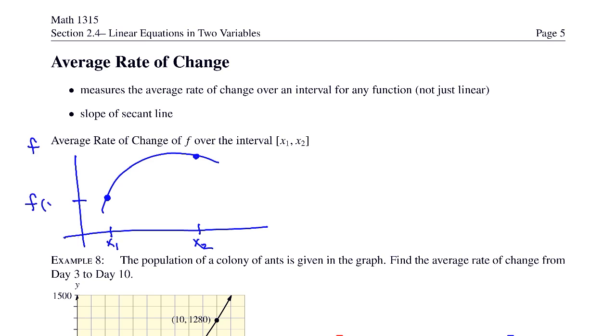Their y values are just the function values evaluated at each of those points. So the first one is f of x1, and the second one is f of x2. Next, I'm going to draw the secant line that goes between these 2 points.